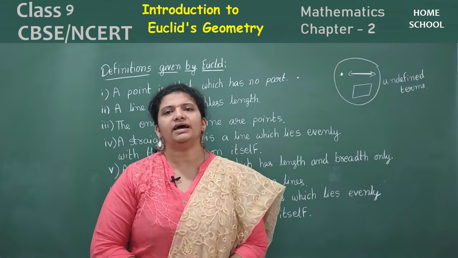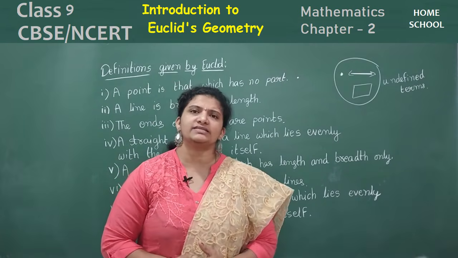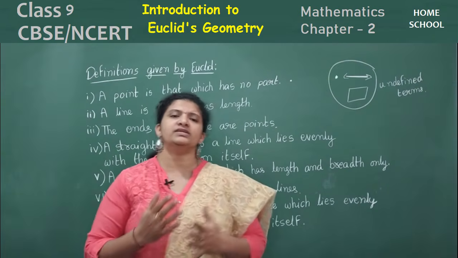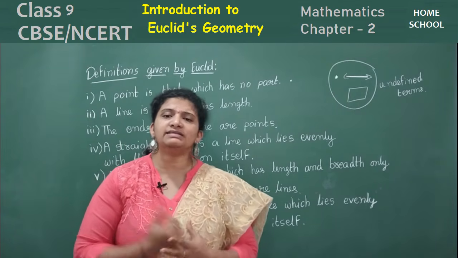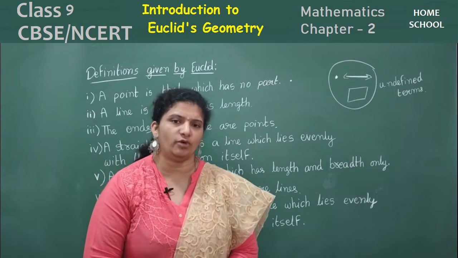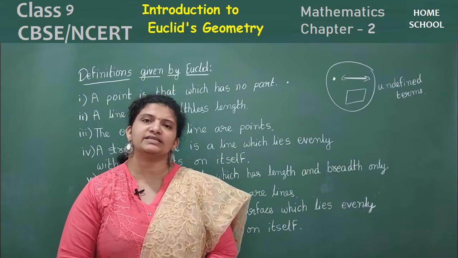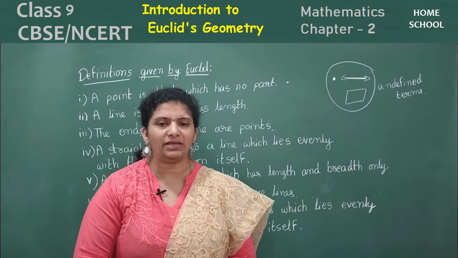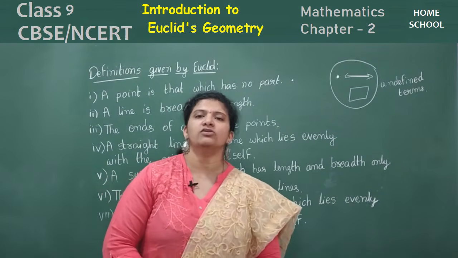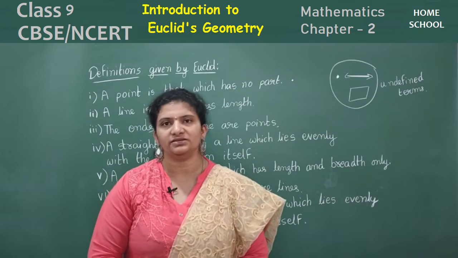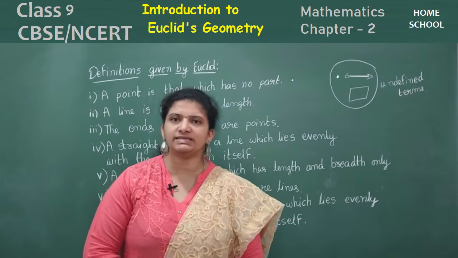He divided the Elements into 13 chapters, each called a book. Each of these books influenced the whole world's understanding of geometry. Euclid listed 23 definitions in Book 1 of the Elements. A few of Euclid's definitions are also known as axioms. So some of the definitions of Euclid we are going to see here.